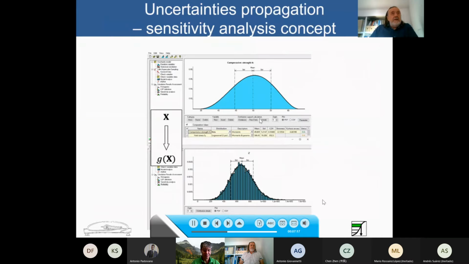here. So basically, uncertainty propagation is, let's say, in agreement with sensitivity analysis concept. So we have a space of random variables, and we propagate these random variables to the response. And in sensitivity analysis concept, we want to have an answer how these random variables X influence the response g(X), right?